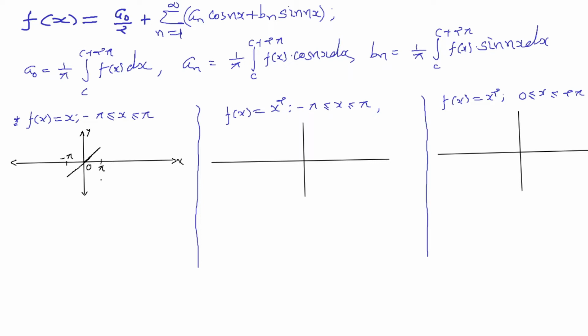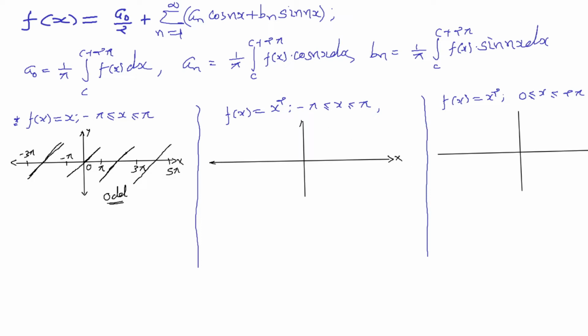Then we know that the same line we have over pi to 3 pi, then 3 pi to 5 pi, the same kind of line we have. This is called the periodicity, right? Likewise over minus 3 pi to minus pi, we have the same kind of thing. And you know that this function is an odd function.